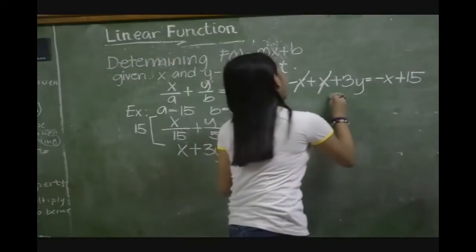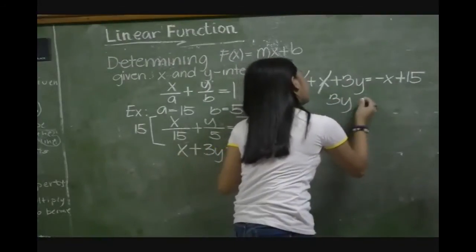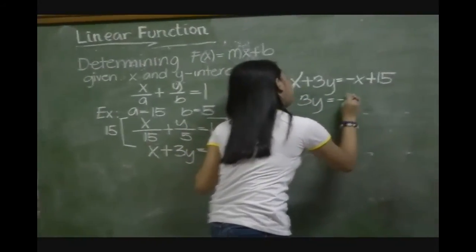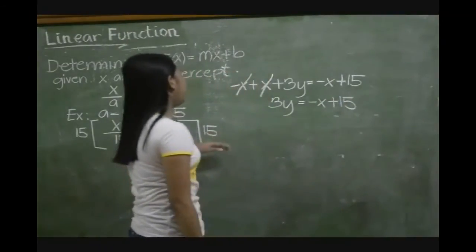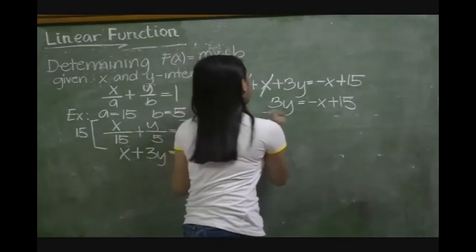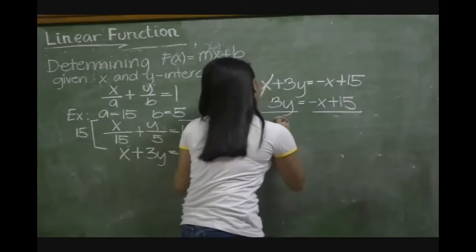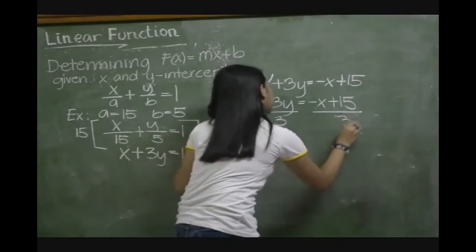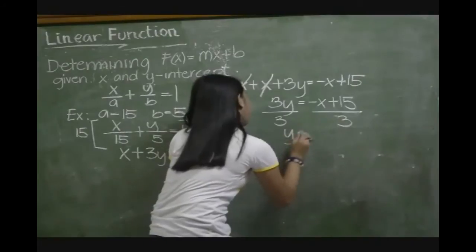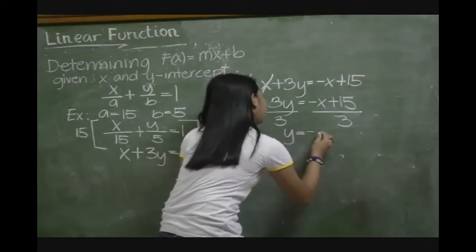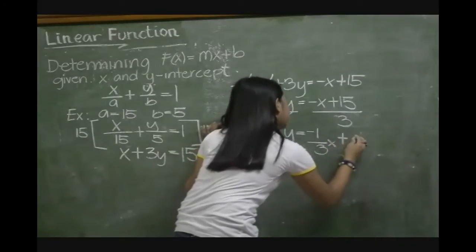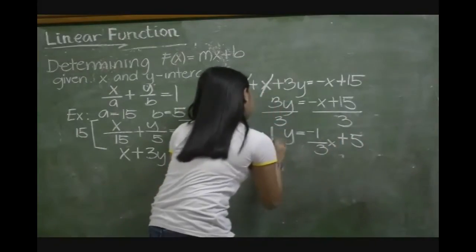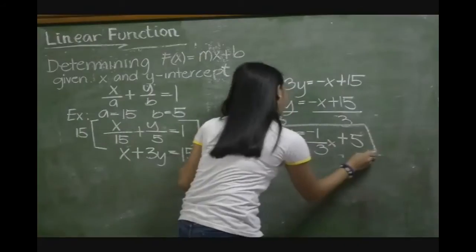So it will become 3y equal to negative x plus 15. To get the value of y, divide both sides by 3. So it will become y is equal to negative 1 over 3x plus 5. This is the final answer.